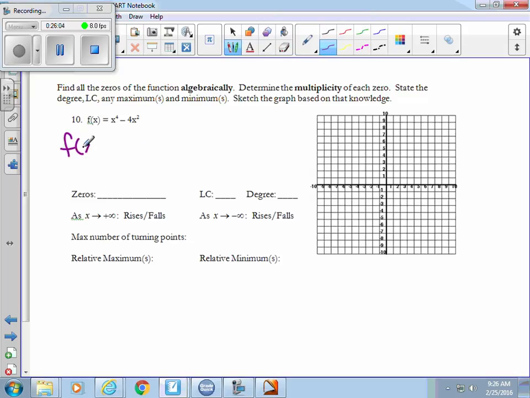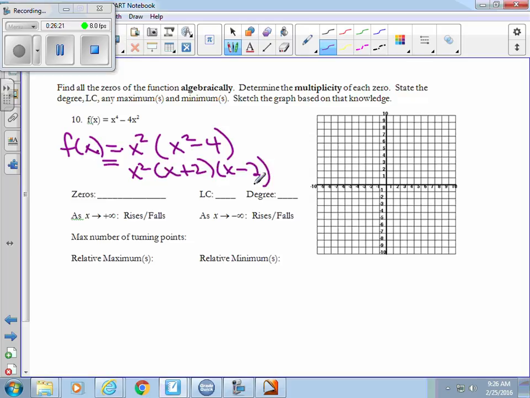Okay, factored form. What do I do first? Always take out any greatest common factors, and then is there anything left I can factor? Very good.